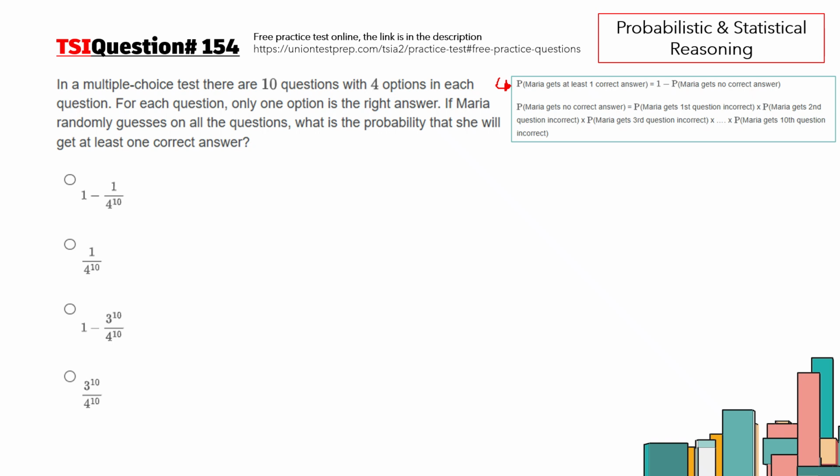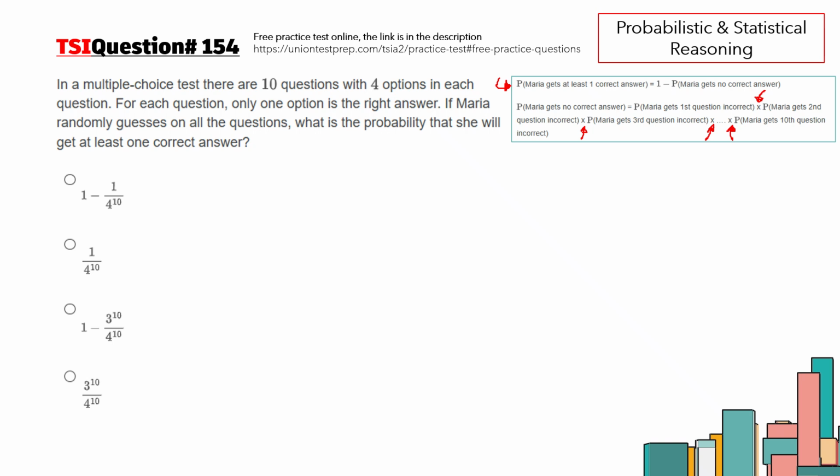Because each question is independent and random, we use multiplication between each event. And because there are 10 questions in total, you will have 10 probabilities multiplied together.